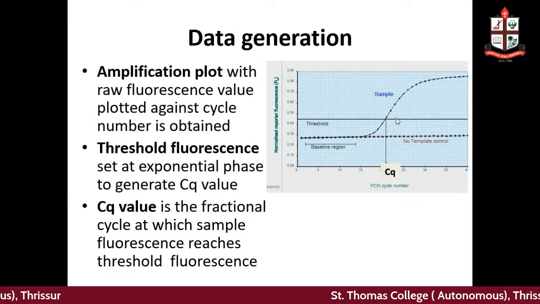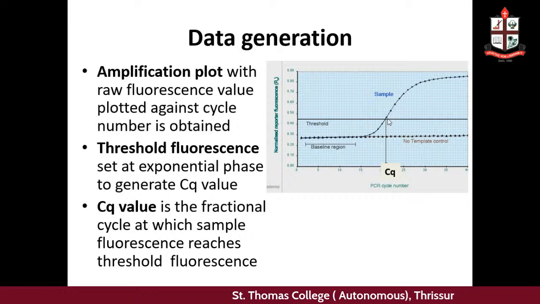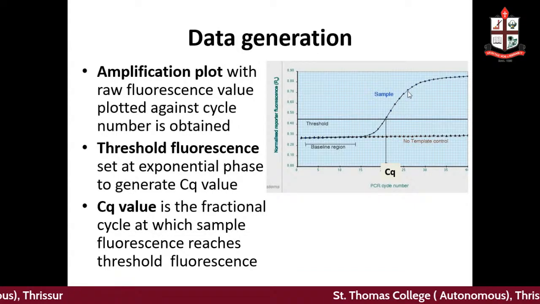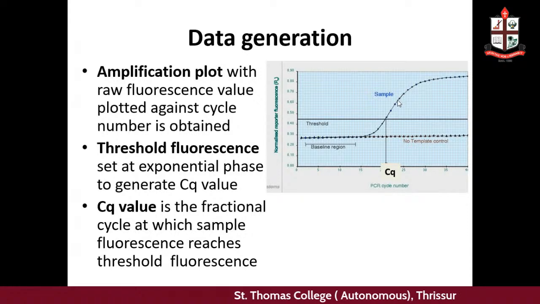So there is no way to identify the exponential phase, but from the curve it's possible to see the linear phase starting. So you should not keep the threshold fluorescence at that linear part of the curve.